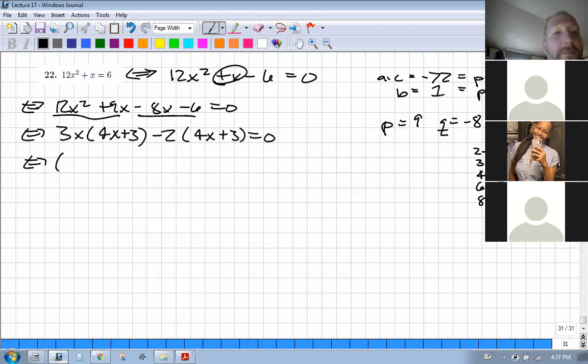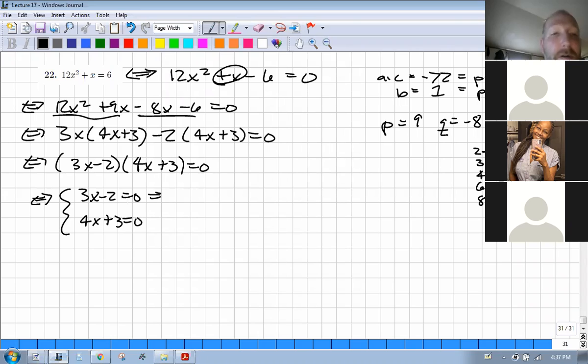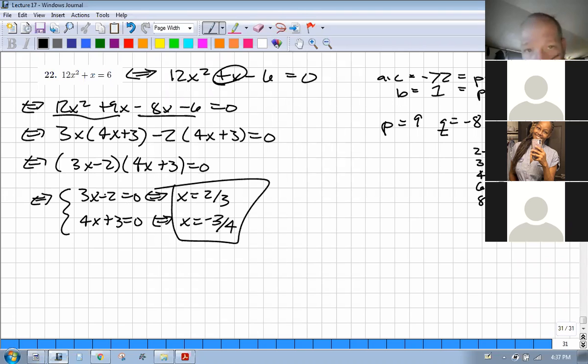So we have a 3x minus 2 times a 4x plus 3. So either 3x minus 2 is 0 or 4x plus 3 is 0. So either x is 2/3 or x is -3/4. And there's your solutions for 22.